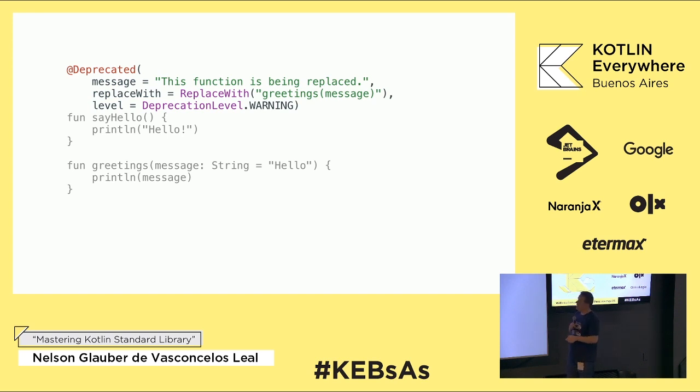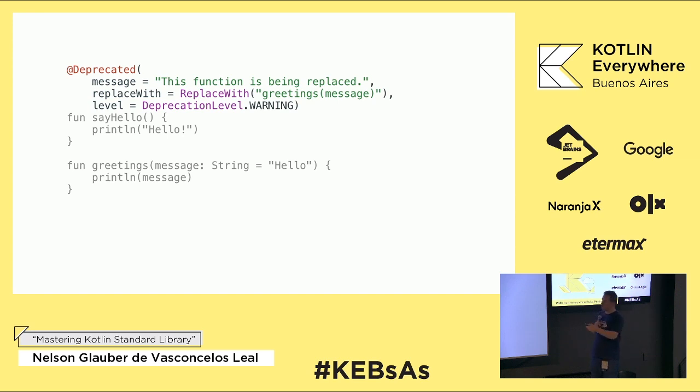Okay? And the level of deprecation. If you are sure that this new function is replacing the old one, you can use the deprecation error to prevent developers from using the old function. But when you are migrating, you can put a warning.